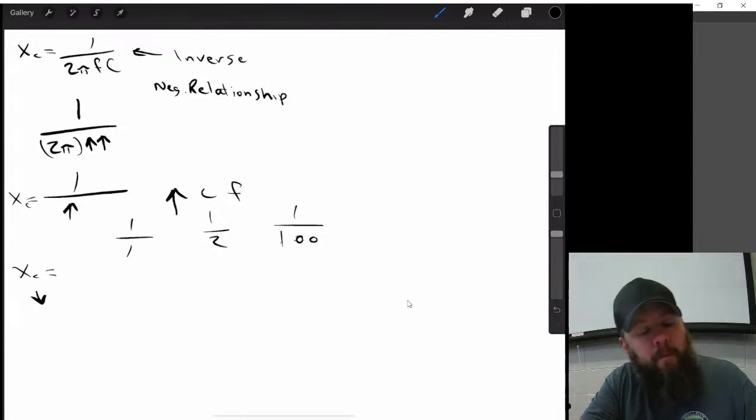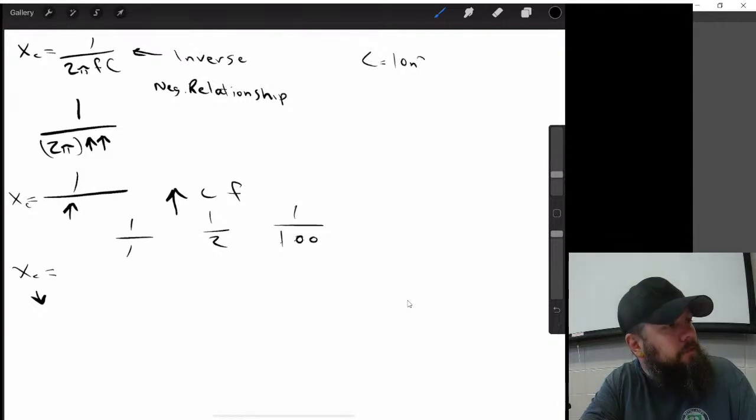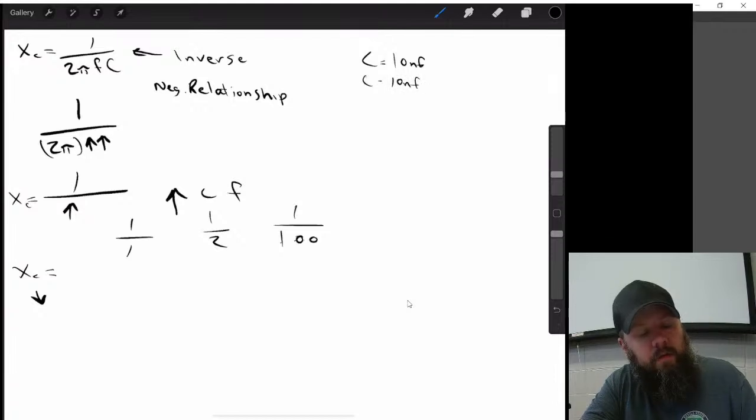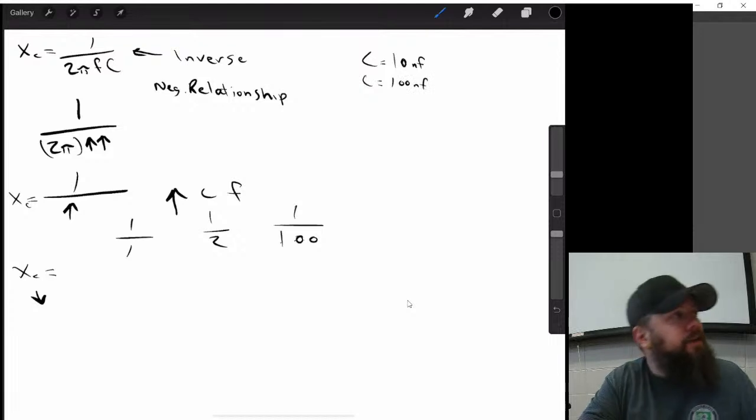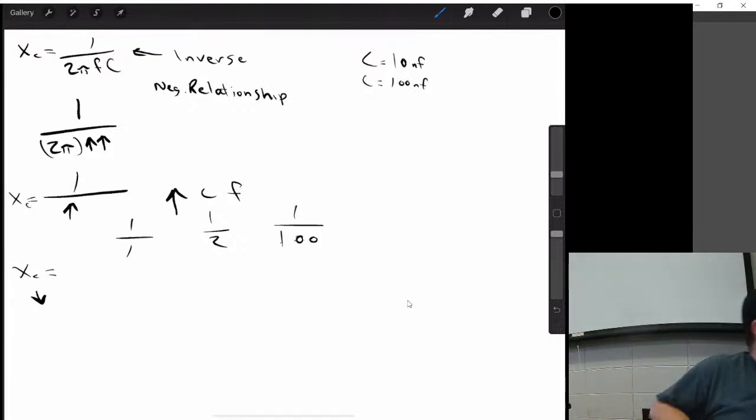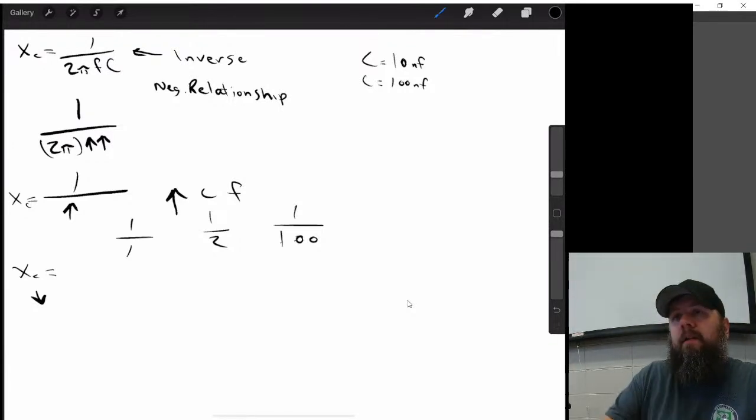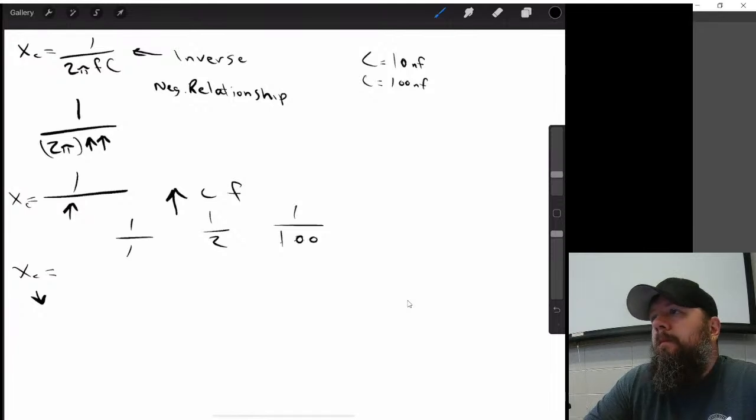So I've got a 10 nanofarad and 100 nanofarad capacitor. Which one's going to have the biggest capacitive reactance? Pound for pound. So the smaller one, right?